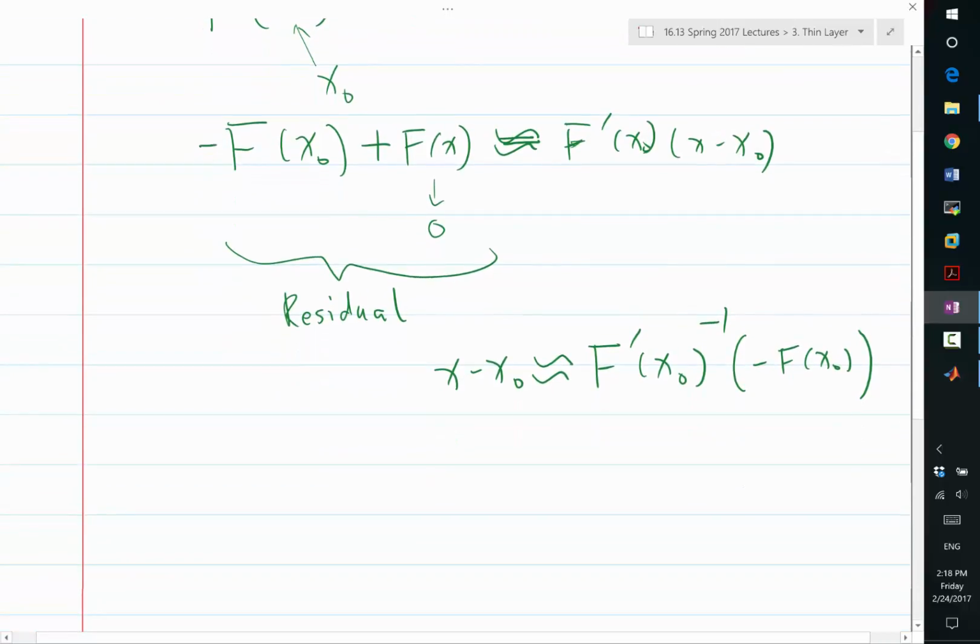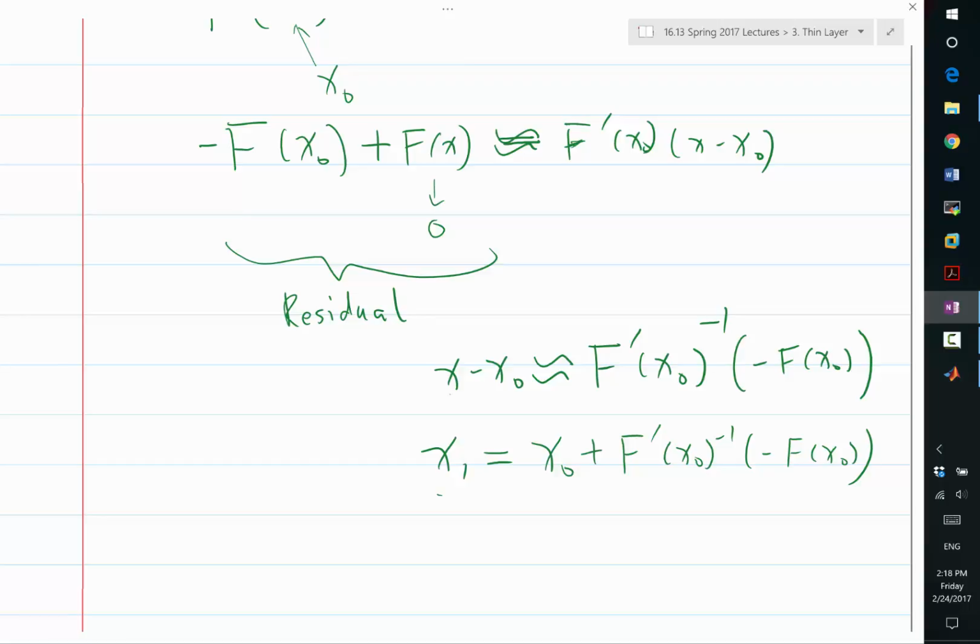That means if I define my x1 to be x0 plus what I have on the right hand side of this equation, then potentially x1 is going to be a better approximation to x than x0.